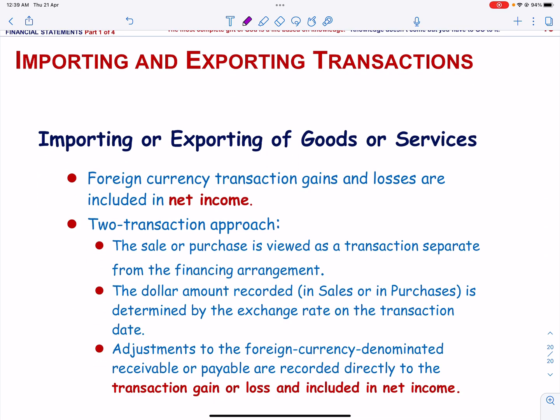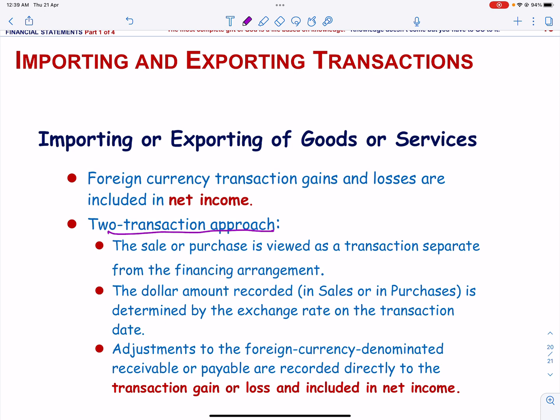Remember that any foreign currency transaction gain or loss is included in net income, and we have the two-transaction approach. The sale or purchase is viewed as a transaction separate from the financing arrangement. Therefore, the dollar amount recorded in sales or purchases is determined by the exchange rate on the transaction date.